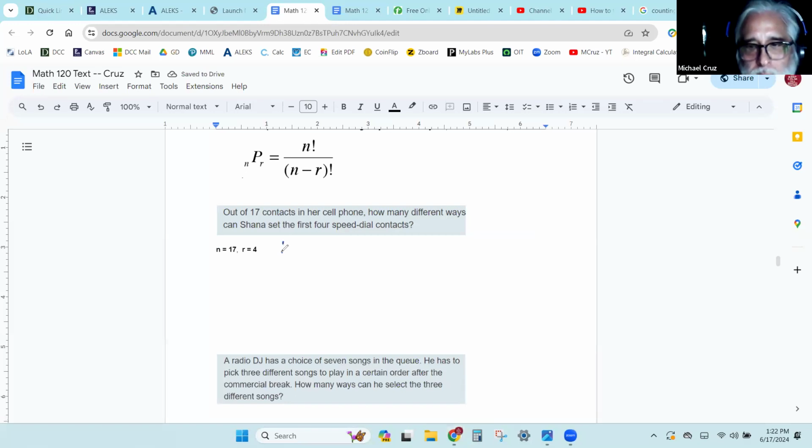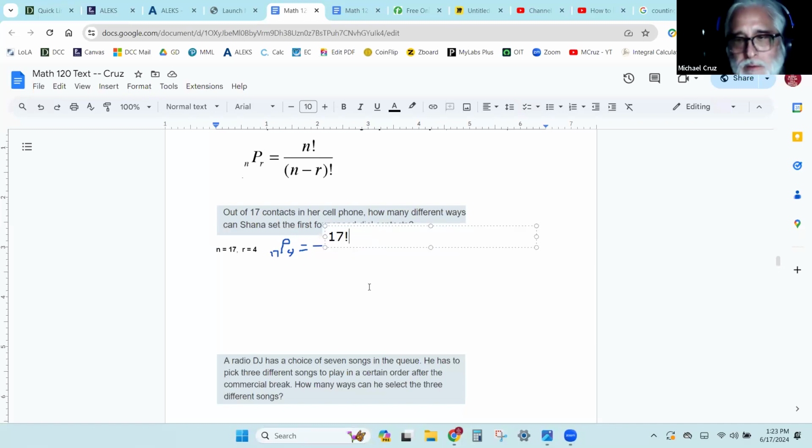So this is going to be P of 17, 4. And then I'm just going to make a little fraction here. Up here, it's 17 factorial.